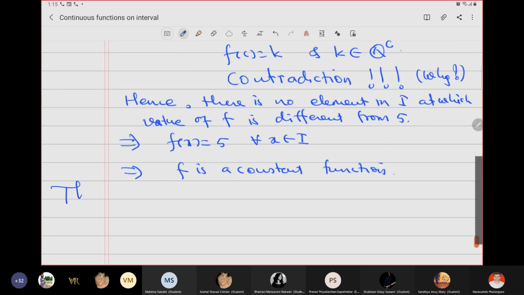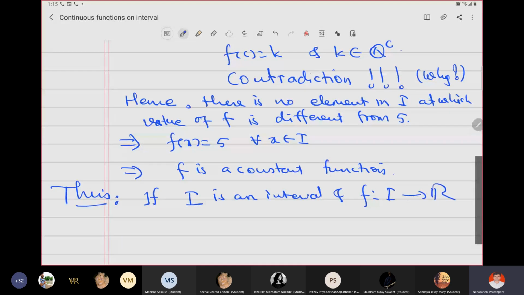Thus, if I is an interval and f from I to R, whether closed, bounded, doesn't matter, is continuous, and f is from I to rationals, then f must be constant.